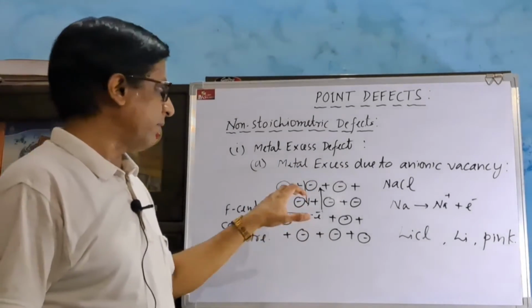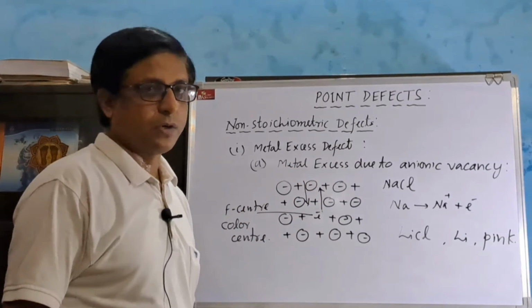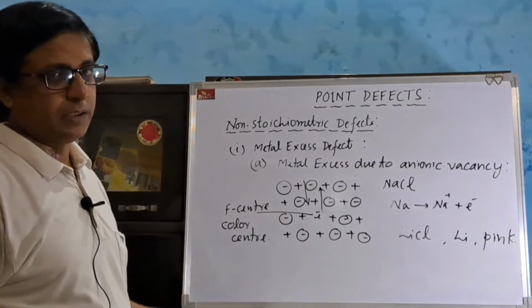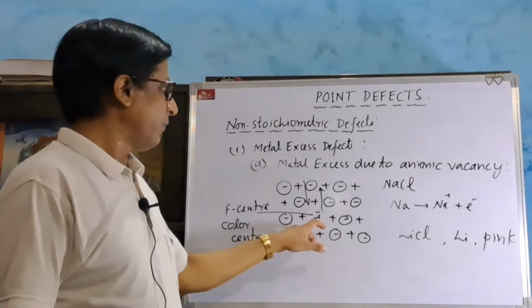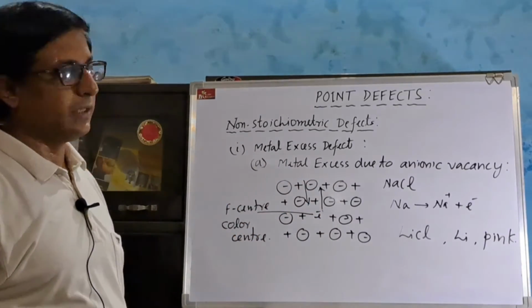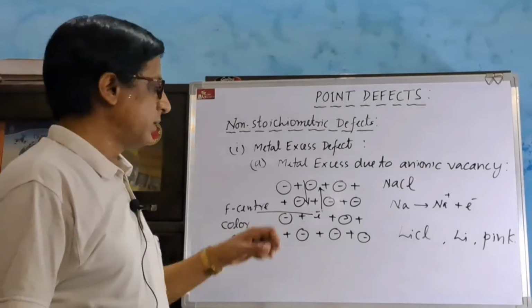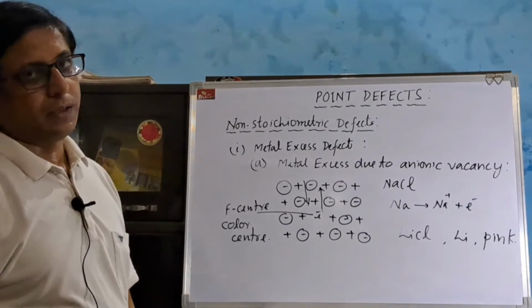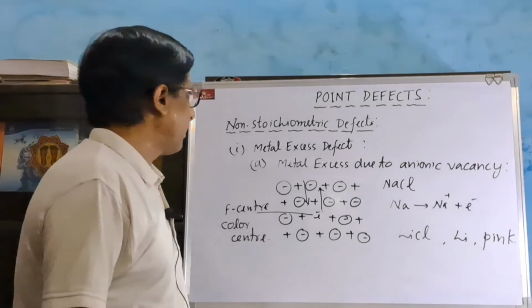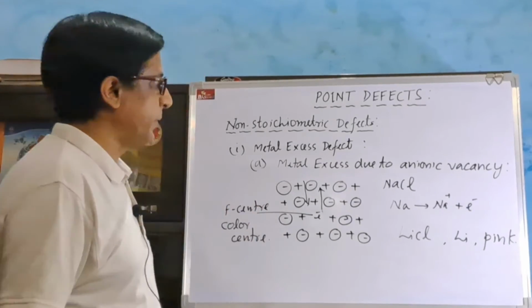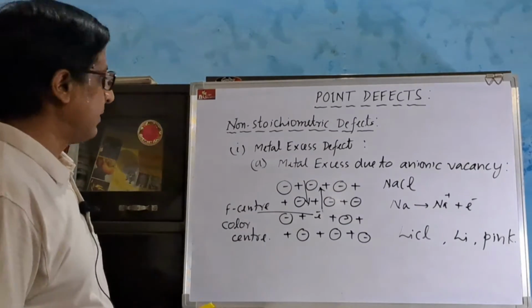When visible light falls on these electrons, it shows yellow color. This is about metal excess defect due to anionic vacancies.